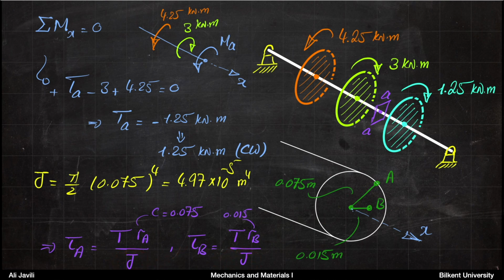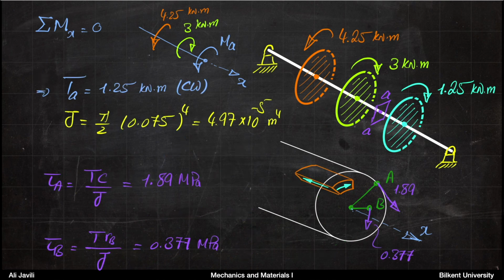If you insert the values, you get shear stress at A to be 1.89 megapascal, and shear stress at B is 0.377 megapascal.